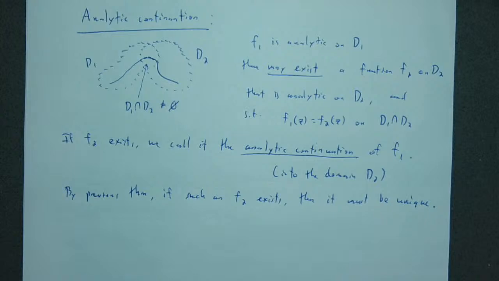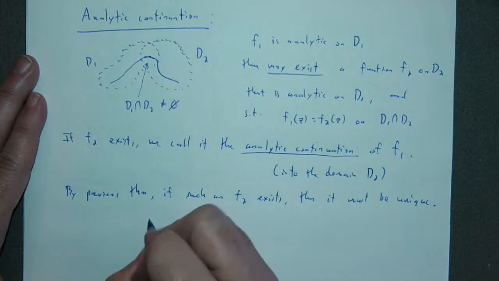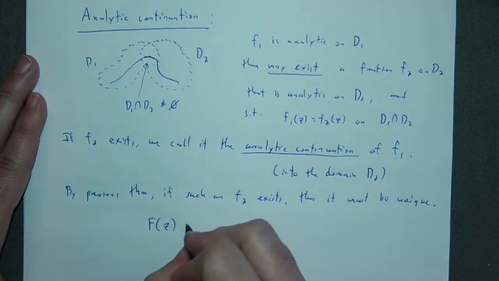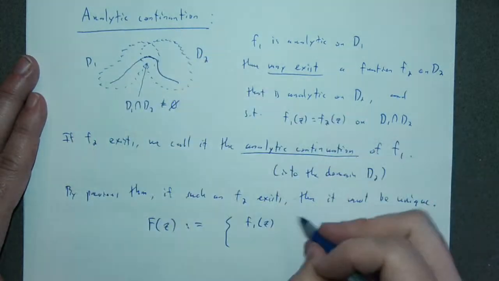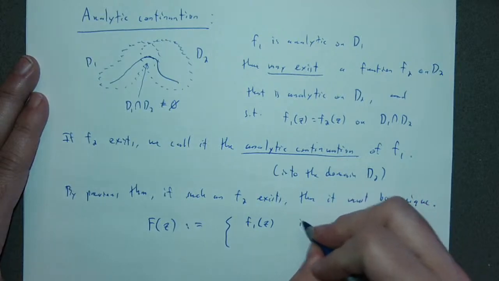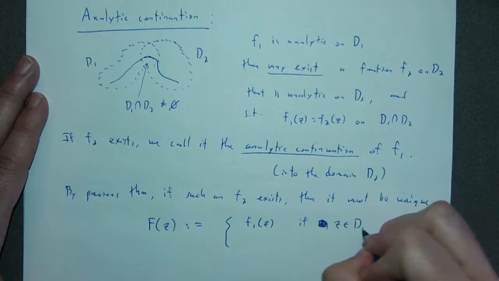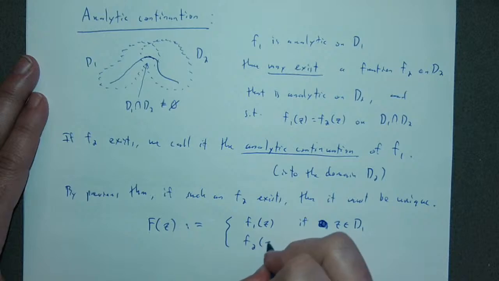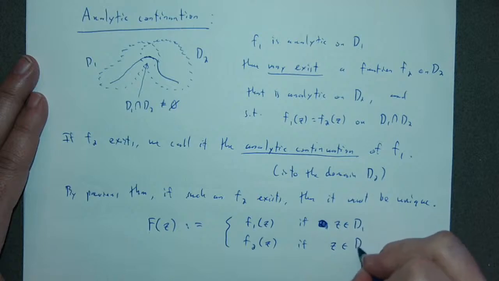And so the idea then is that now we can use this analytic continuation to define a function, big F. The value of this function big F at a point z is little f sub 1 if z is in d sub 1, and it's the value of f sub 2 if z is in d sub 2.